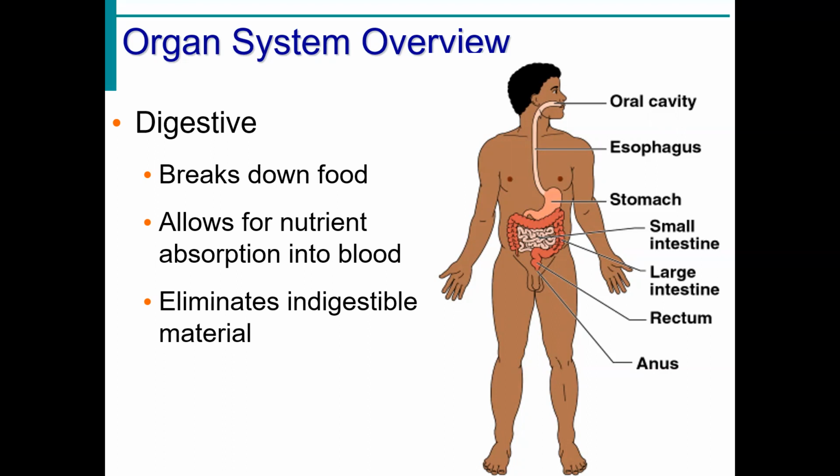This digestive system is going to contain the oral cavity, our mouth, the esophagus, the stomach, the small and large intestine, the rectum, and the anus. So if we think about the processes that these foods undergo from the time we bite it in our oral cavity, that's where digestion begins, with the mechanical breakdown of food.